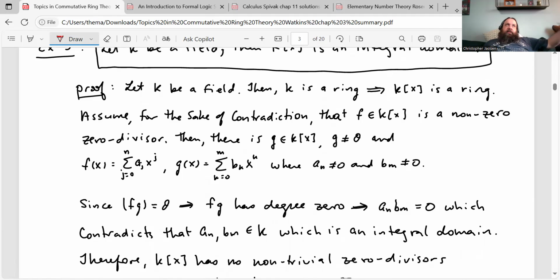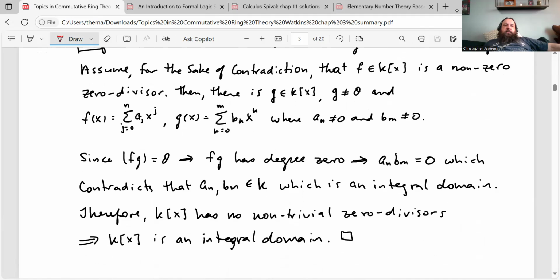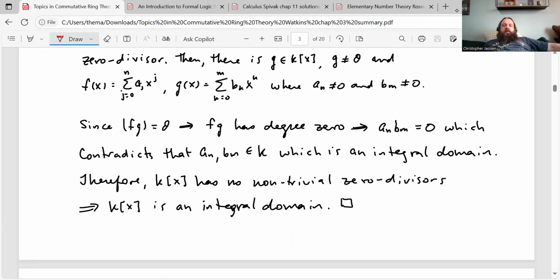g not the zero polynomial, and f(x) is given by this polynomial here, g(x) is given by this polynomial here, where a_n is not zero and b_m is not zero, because we're assuming these are non-zero polynomials. Since fg equals the zero polynomial implies fg has degree 0, that means that the coefficient of the leading term, which should have degree n plus m, is a_n times b_m.